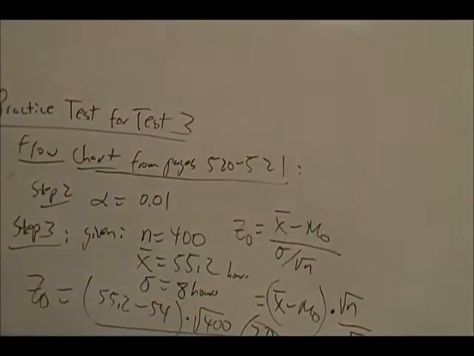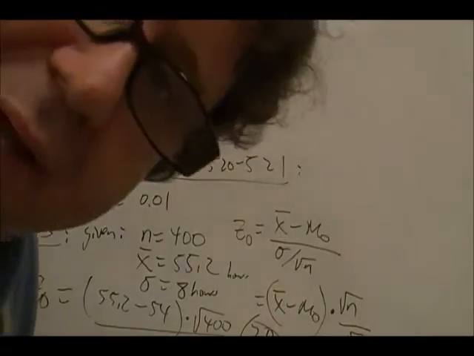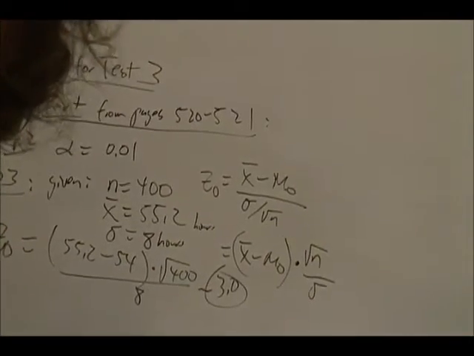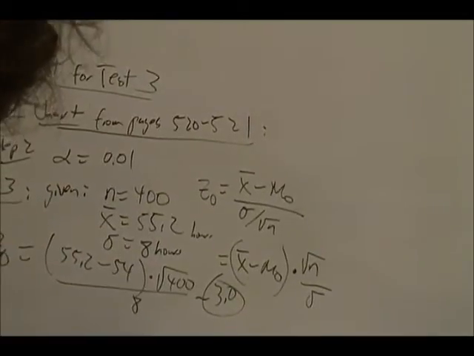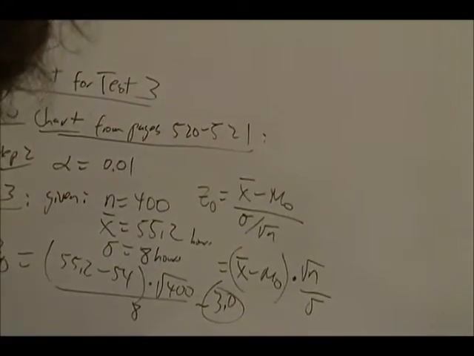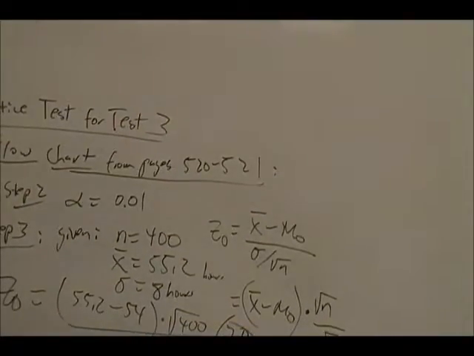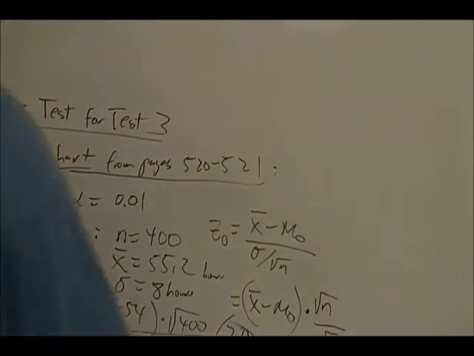So our test statistic is 3.0 here. It's all written in the solution key. So that's our Z0 from step 3. We take our given sample statistics, plug into the test statistic Z0, and we get 3.0 for our test statistic Z0. Now move to step 4.